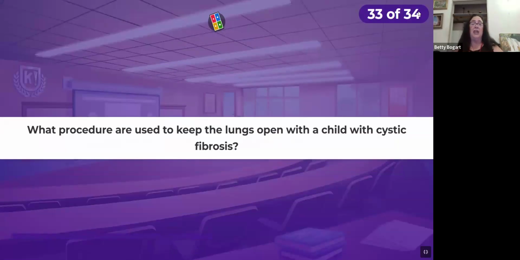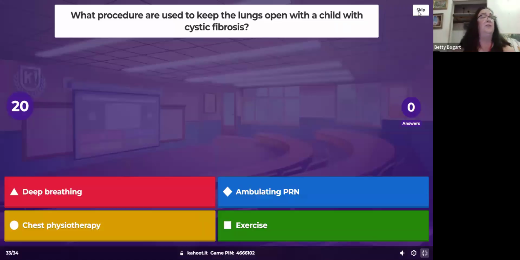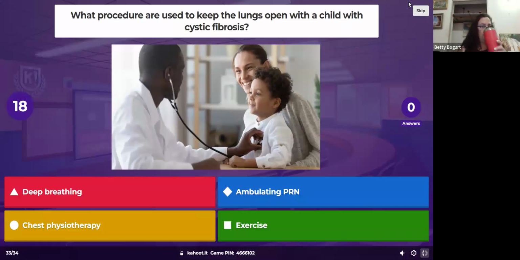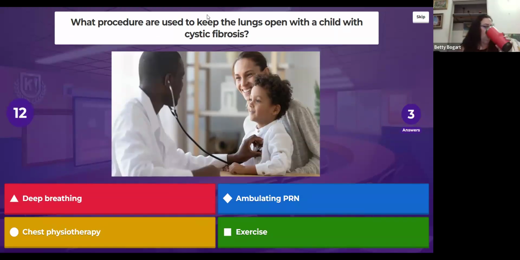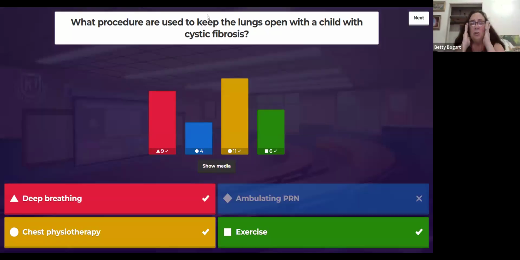What procedures are used to keep the lungs open with a child with cystic fibrosis? So when you're talking about keeping lungs open, this is all about good pulmonary toileting, which is deep breathing, coughing, using your albuterol to expand lungs, using CPT, ambulating PRN.